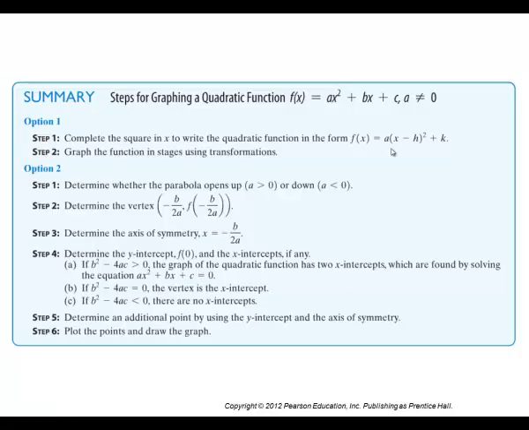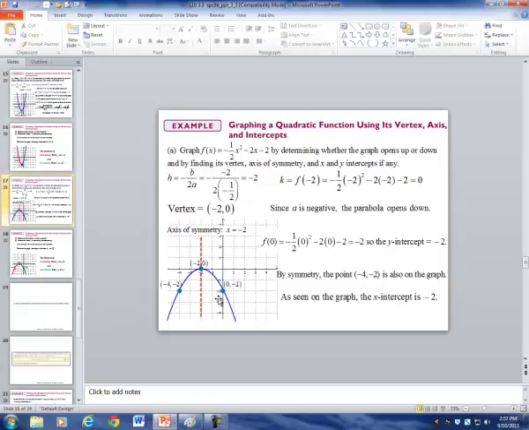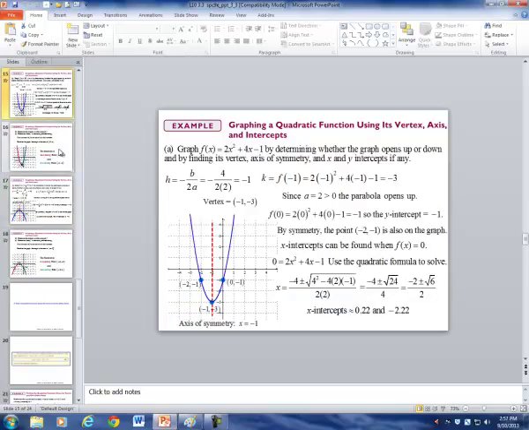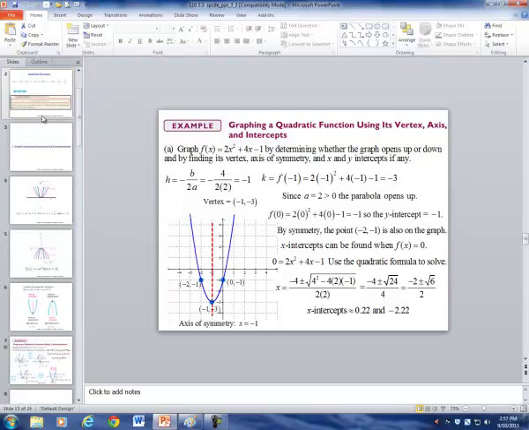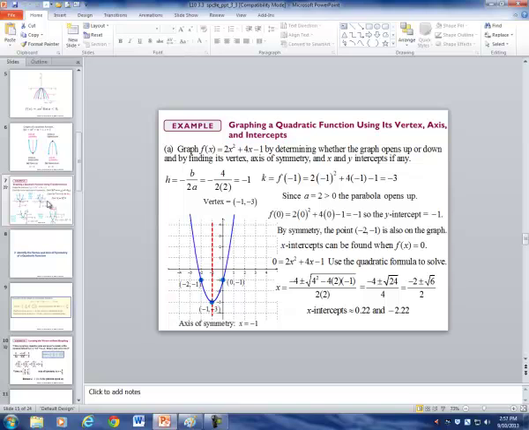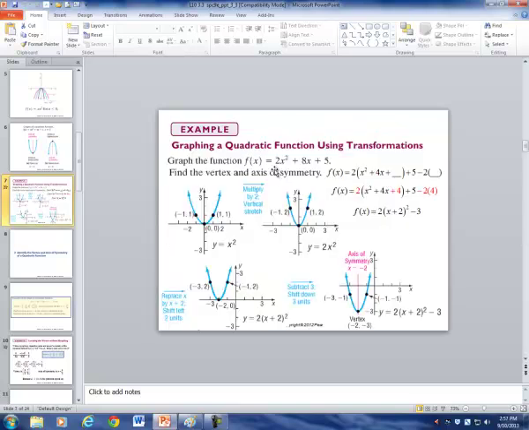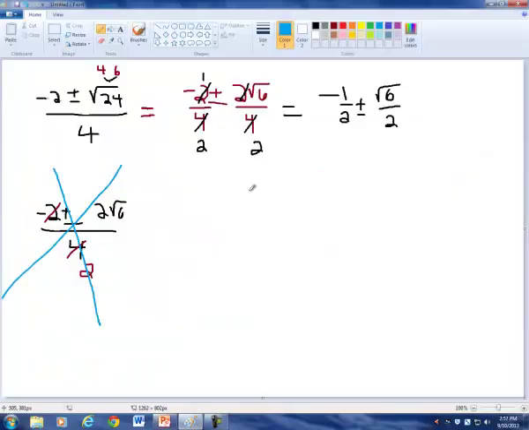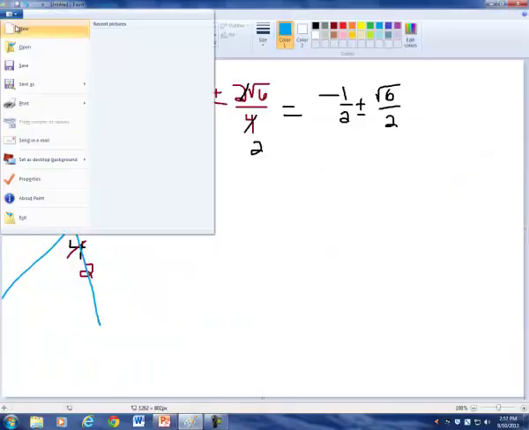Now, let's go back here, and one thing that has not been covered yet is completing the square. Let's start with an even more basic one than that.